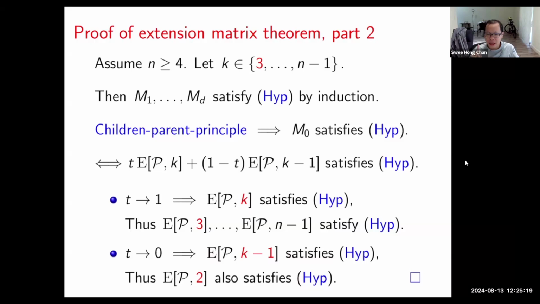Okay. And let me also just add one thing that actually, even here, I already cheated a little bit. If you go to the proof in the paper, you will notice that the children-parent principle actually fails in some edge cases. There are some cases where some of the 6 properties that we need to check fail to hold.